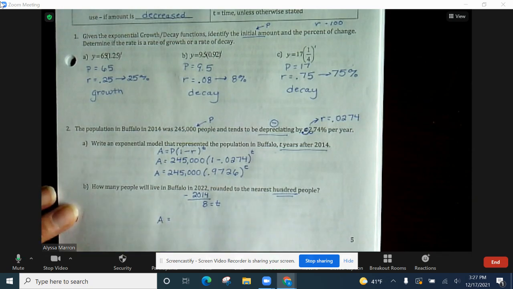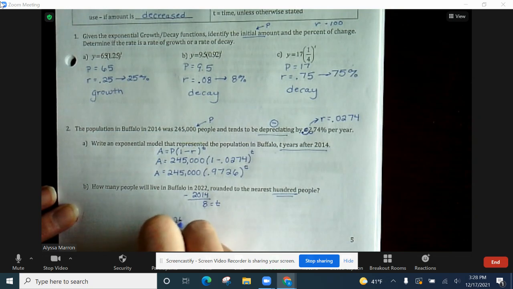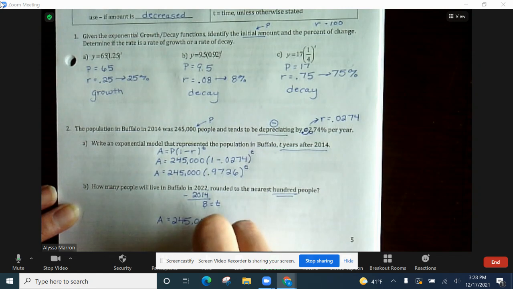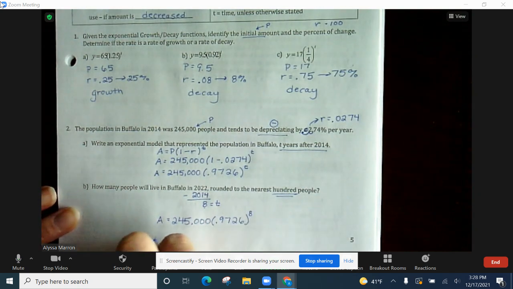So now when we plug into that equation that we just created, everything's going to stay the same, but we're going to plug in our t-value of 8. So we still have 245,000 times 0.9726 raised to the 8th power.